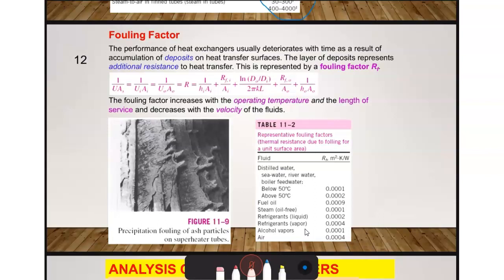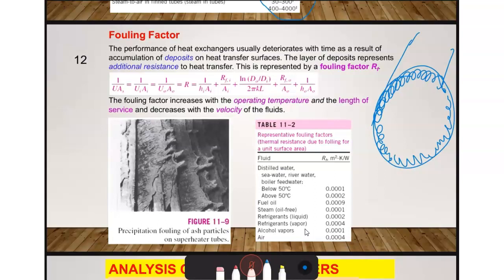So, for example, when you have a cylinder over here, from time to time whatever debris is brought by the fluids will get stuck on the inner side of the cylinder.